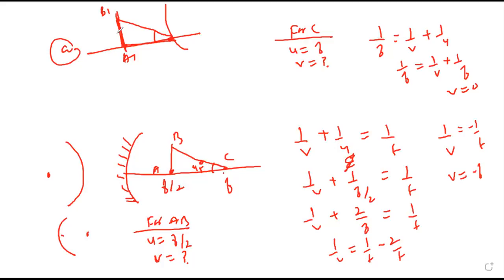And see, whenever the object is between F and P, then it has to be a virtual image. Same we are getting, on the other side of the mirror.